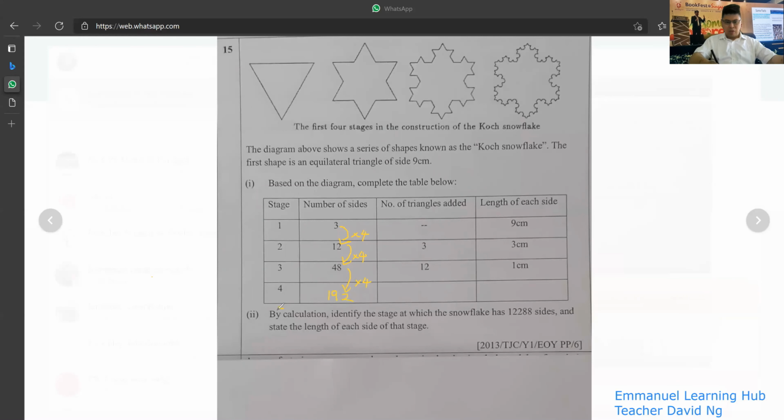If there's a stage 5, 192 times 4 will give you 768. Then number of triangles added, you have 3, 12. Again, times 4. This will be 48. 48 times 4, you have 192.